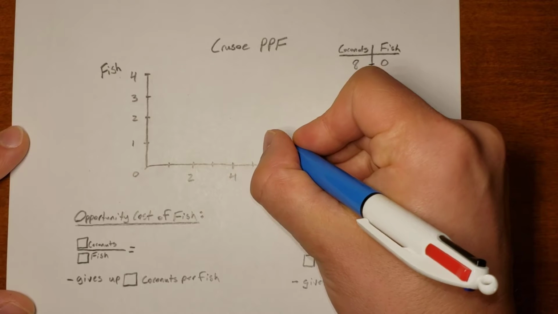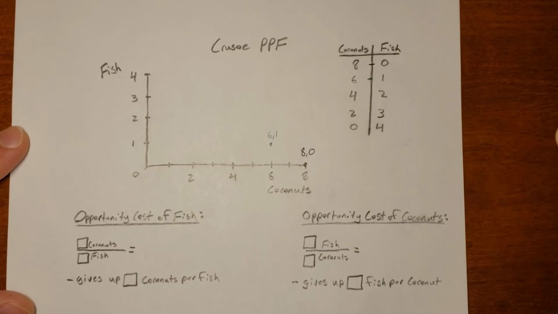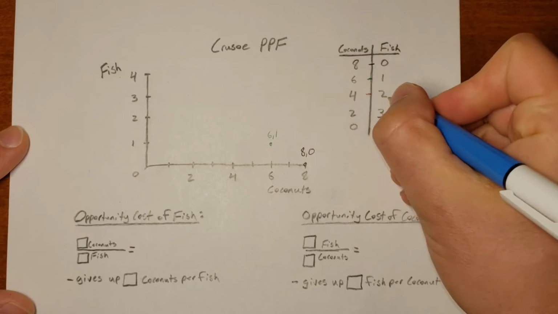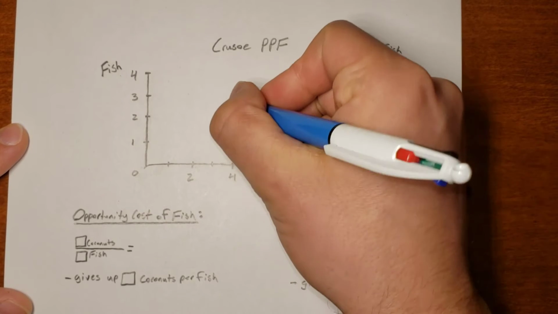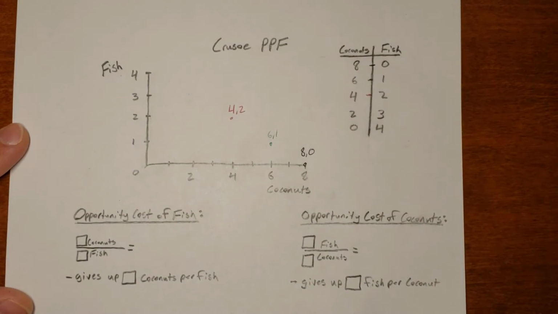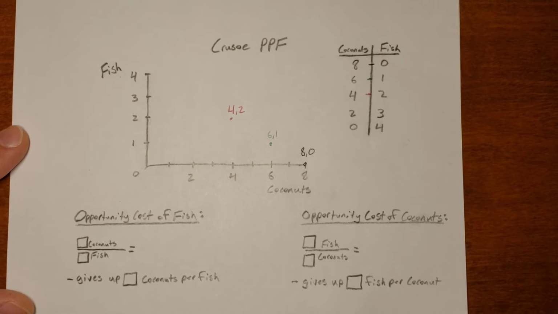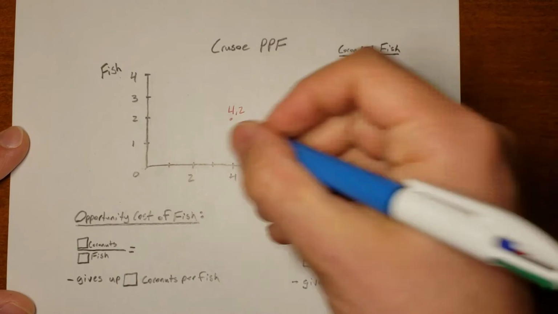The next combination, 4 coconuts and 2 fish. Our next combination, 2 coconuts and 3 fish.